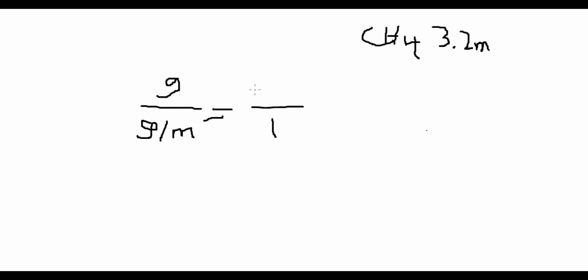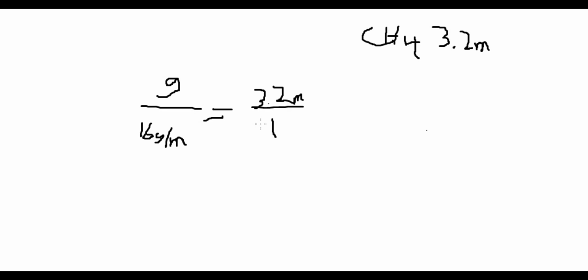Let's put in 3.2 moles. Now, we know that the grams per mole is 16 already, because we already found it out before. So that's 16 grams per mole. Now, do we have enough information to find out grams? Yes, we do.